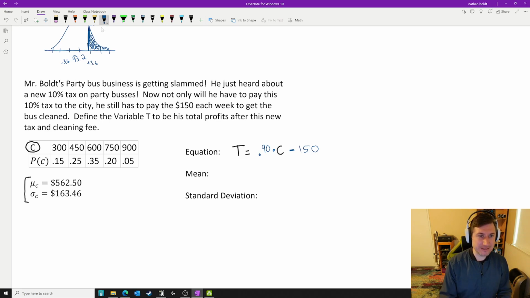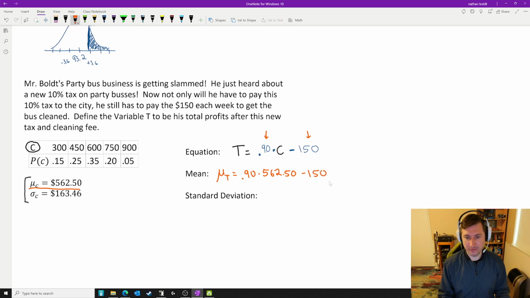All right, so let's do the mean and standard deviation. What is my new mean? I know the mean of C, the average of C, is $562.50. What is the mean of T going to be? Just like the temperature problem before, you just plug this in because both the multiplication and the subtraction affect the mean. So 0.90 times 562.50 minus 150.